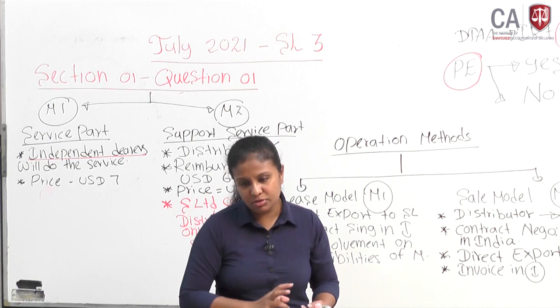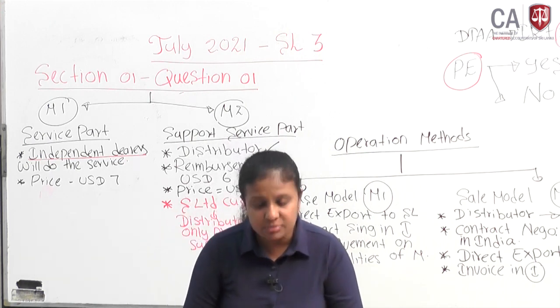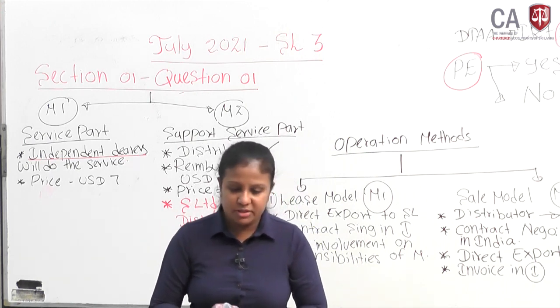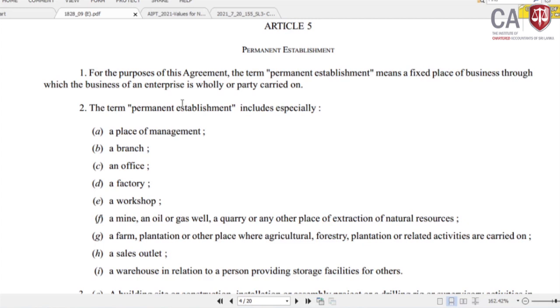Article 5, permanent establishment: for the purpose of this agreement, the term permanent establishment means a fixed place of business through which the business of an enterprise is wholly or partly carried out. Now I am applying this one by one to these models. First, the lease model: it is a direct export to Sri Lanka, the contract is signed in India, with no involvement or responsibility for the machines by India.